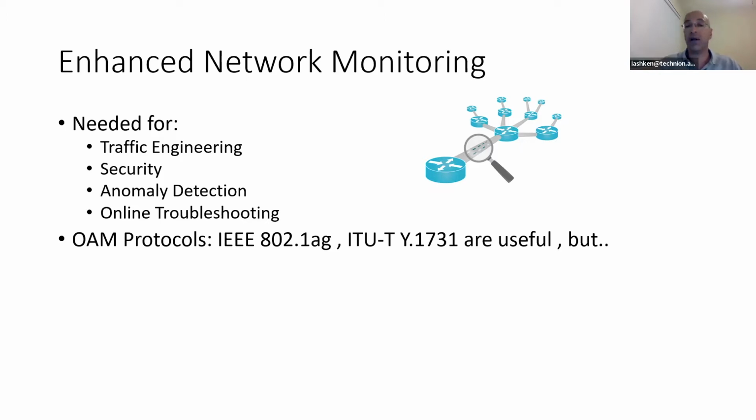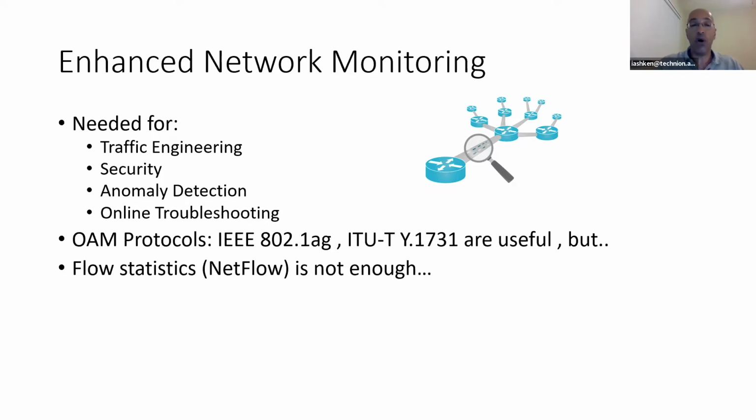Among them, they work in the control plane, you need to produce synthetic traffic, and they also overload the CPU of the switch. So they really cannot help us to detect and troubleshoot problems fast, let's say online, and they don't give us good network visibility.